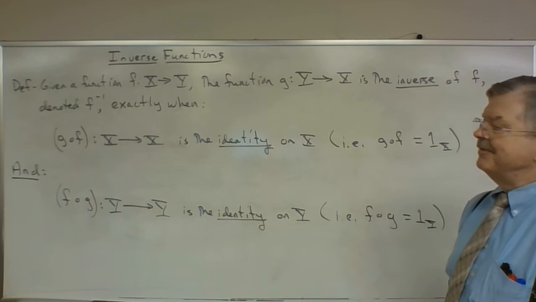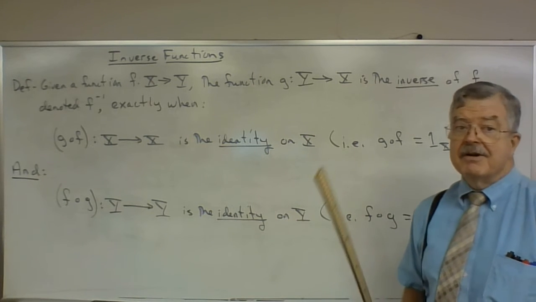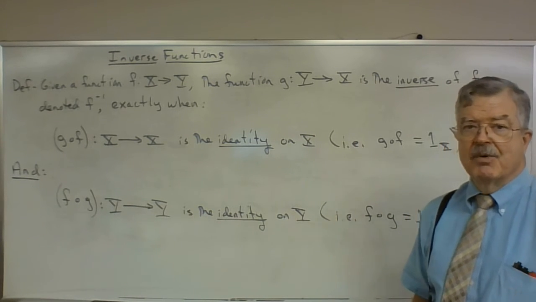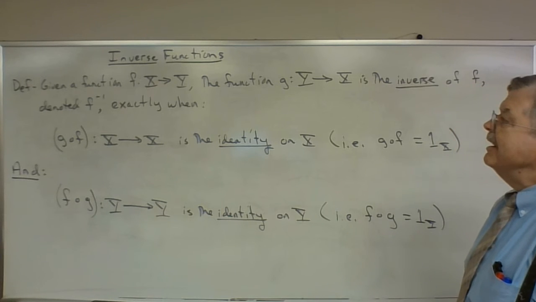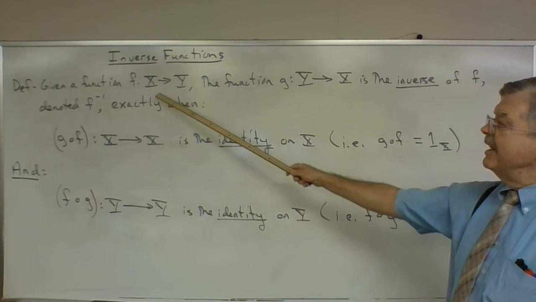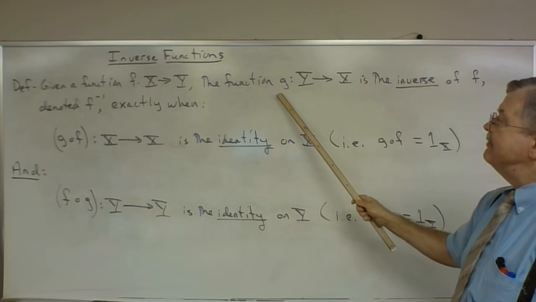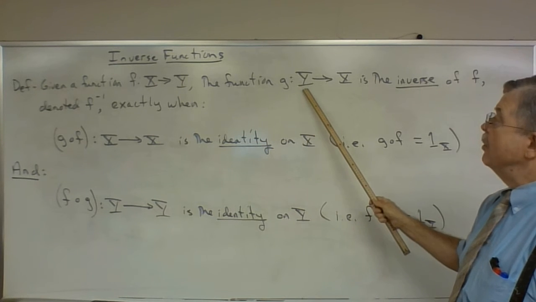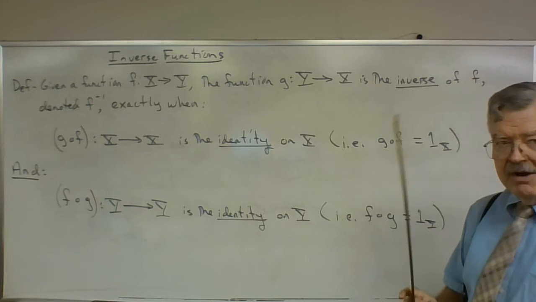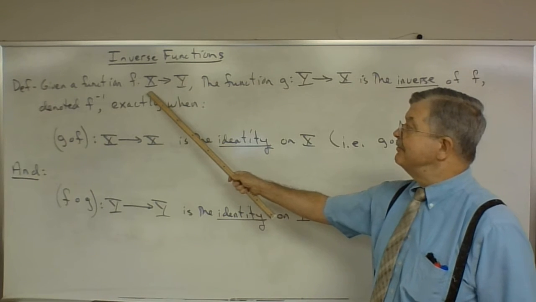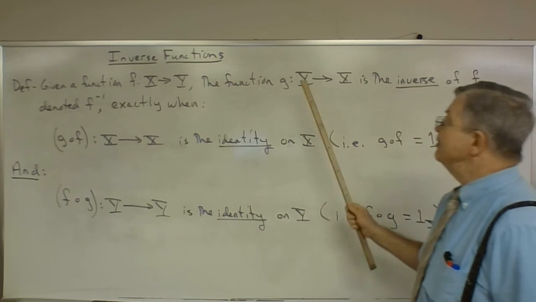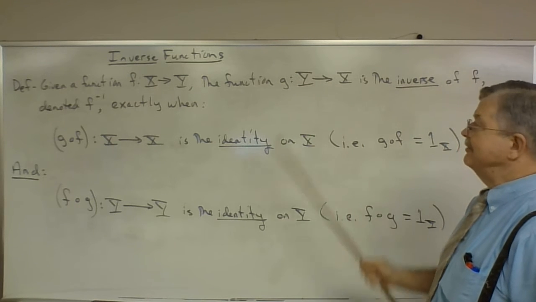Okay, inverse functions. Believe it or not, this is really going to be important. Given a function f from set x to set y, the function g, which goes from y to x, so note this, f goes from x to y, g goes from y to x.